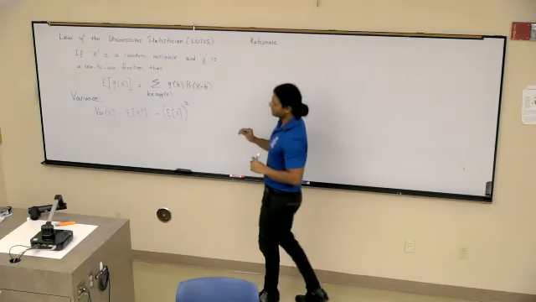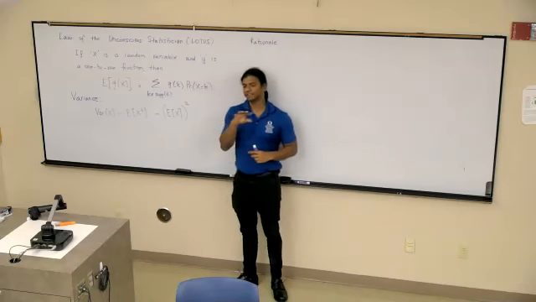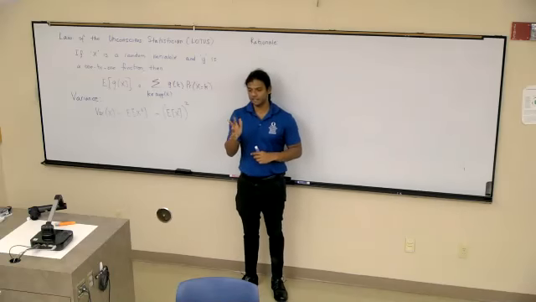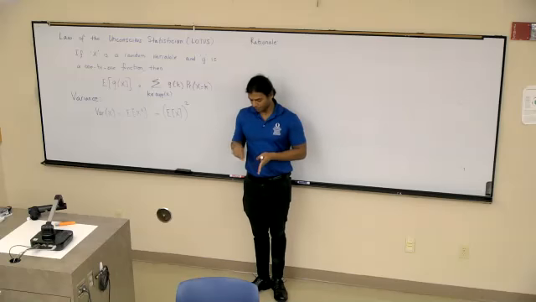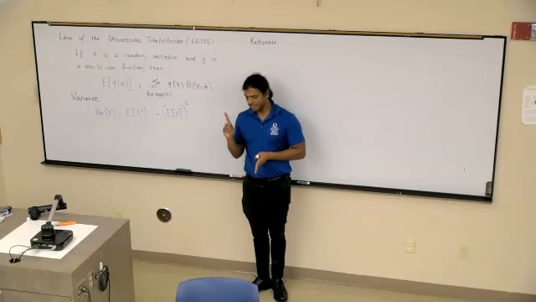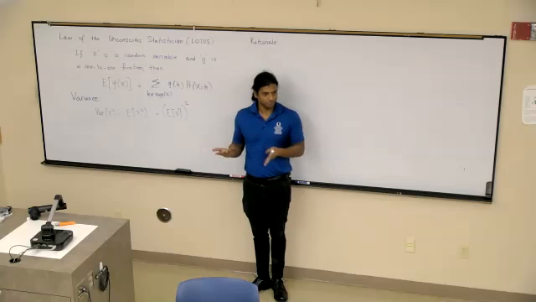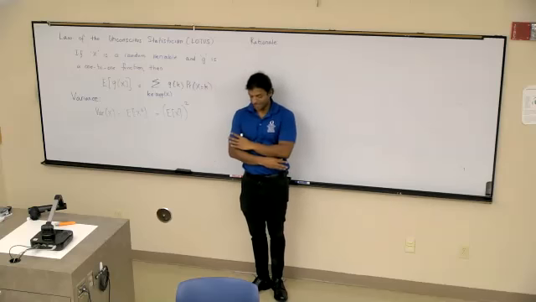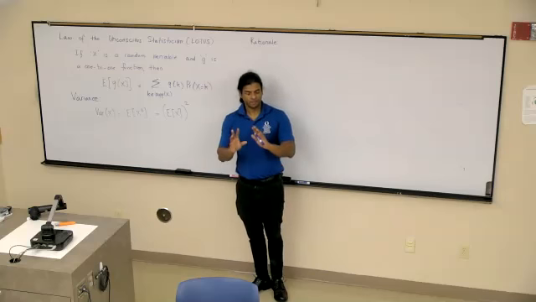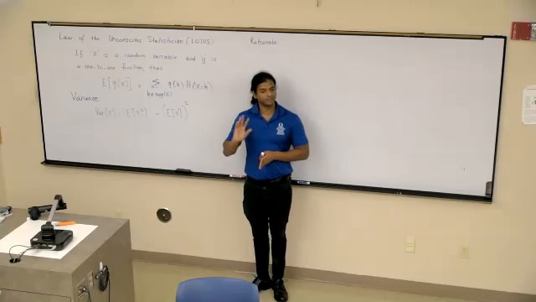But if you remember how we calculated variance or standard deviation, we picked the average, and we saw how far each observation was from the average, correct? And then we squared them because if I simply added them, it's going to become zero, because some are above, some are below, so at the end of the day, it will be zero. So to avoid that, we square them.